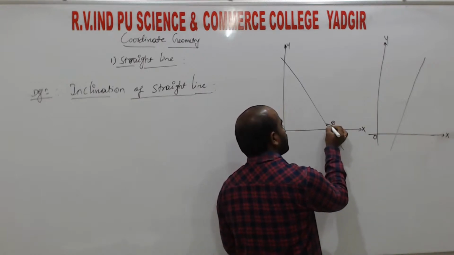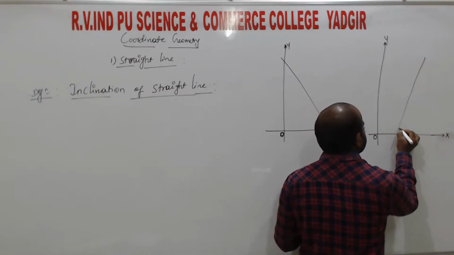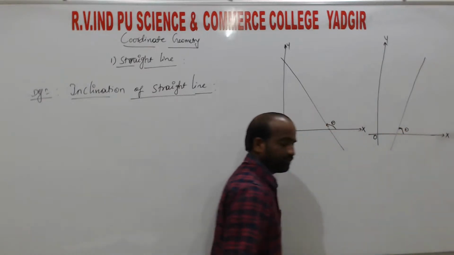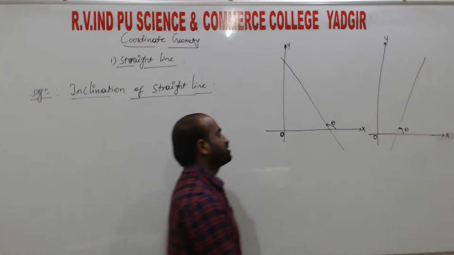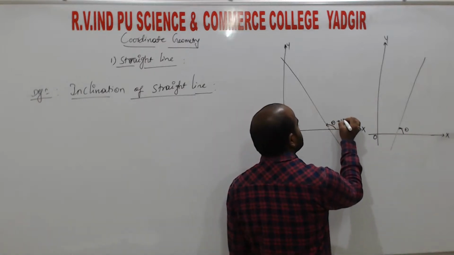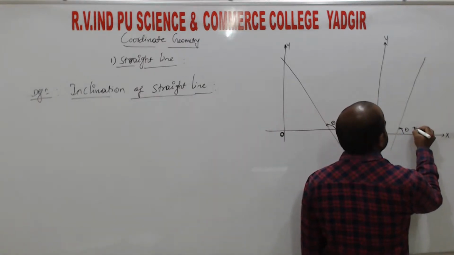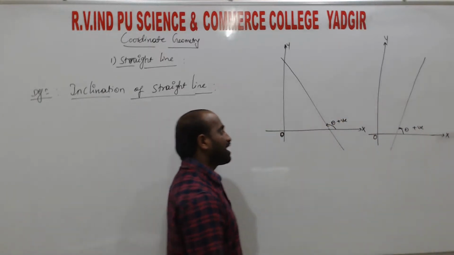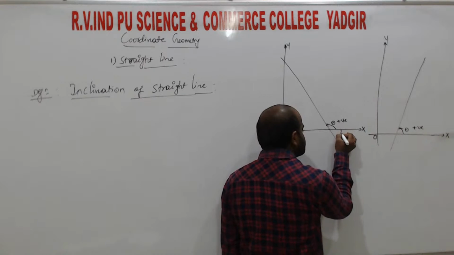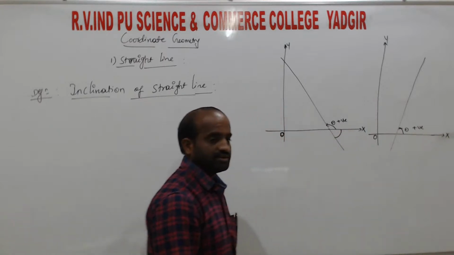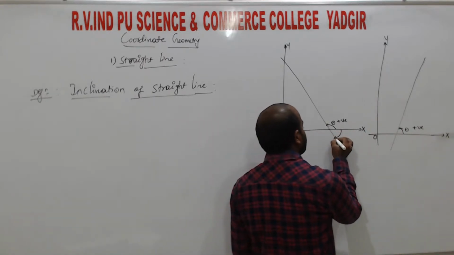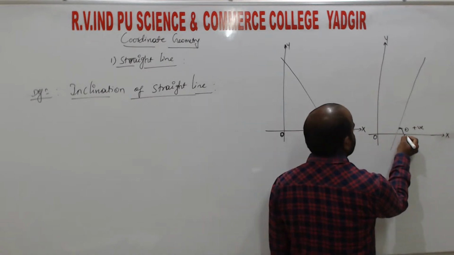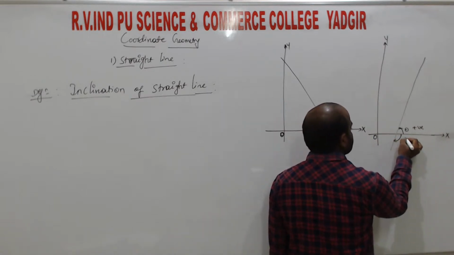is taken as positive, whereas the angle measured in the clockwise direction is taken as negative.